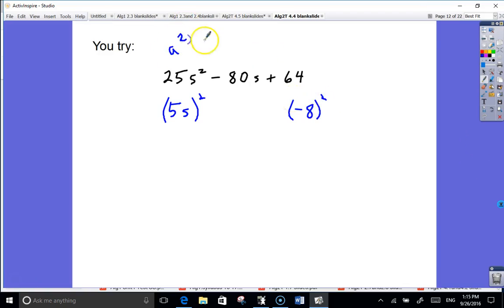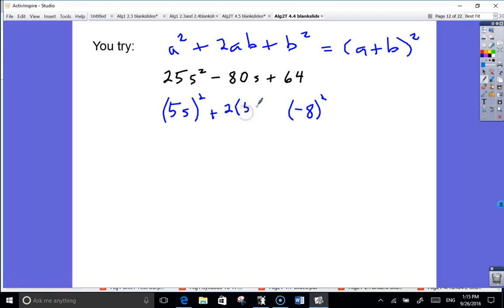A squared plus 2ab plus b squared equals a plus b squared. So in fact, this middle term should be plus 2 times 5s times negative 8.